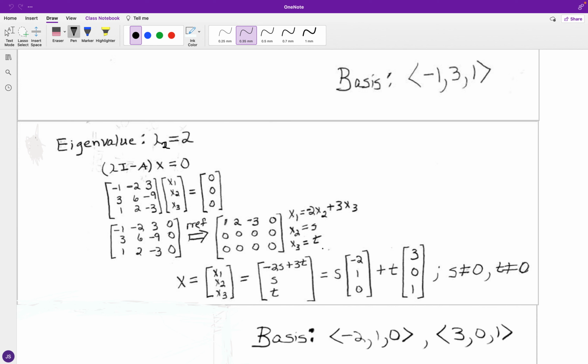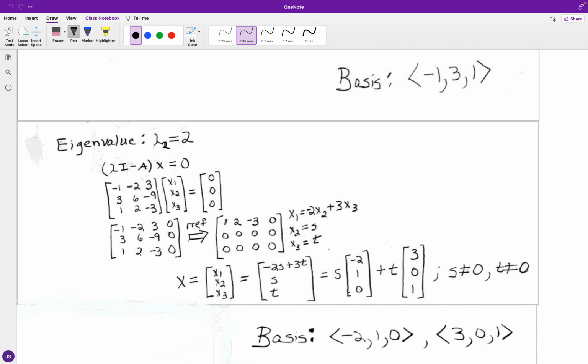And these will signal that x2 and x3 are free. We'll have x3 is equal to t, and x2 is equal to s. And so in terms of the variables s and t, x is equal to the vector where we have -2s plus 3t, followed by s and then t.